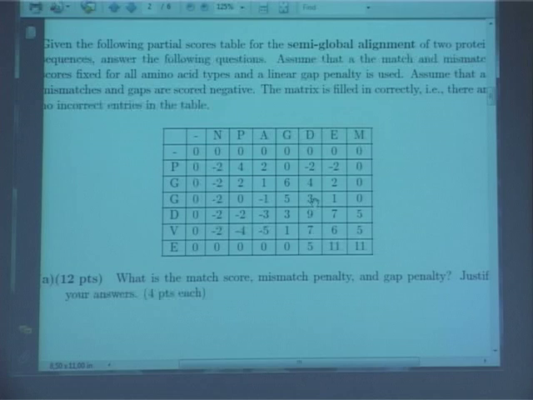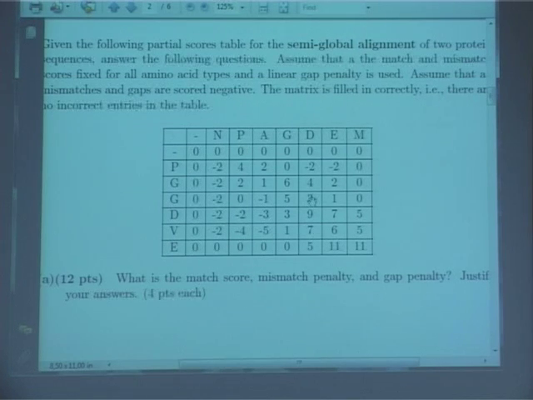So the only thing this tells me is that the mismatch penalty is less than or equal to -3. It can be -3, -4, -5, -6, -7. This cell only tells me that the mismatch penalty cannot be -2.